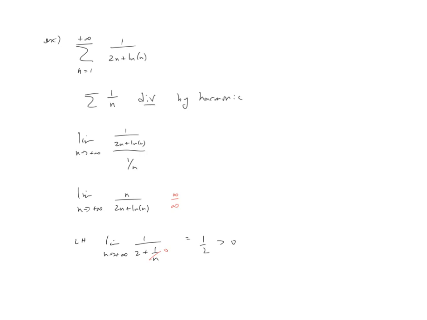Since that 1/2 is bigger than 0 and finite, we know that this guy then does the same thing as this guy right here. So since this diverged, we can say now the original diverges by the limit comparison test.